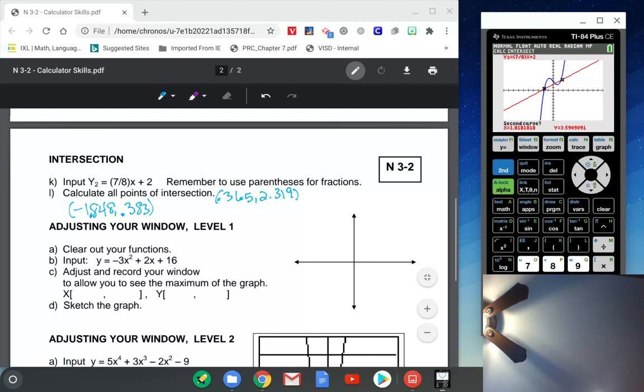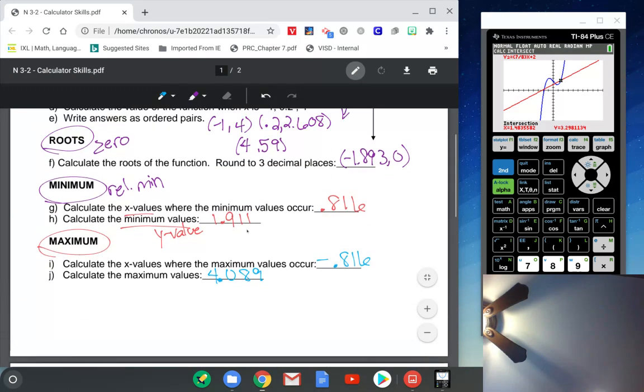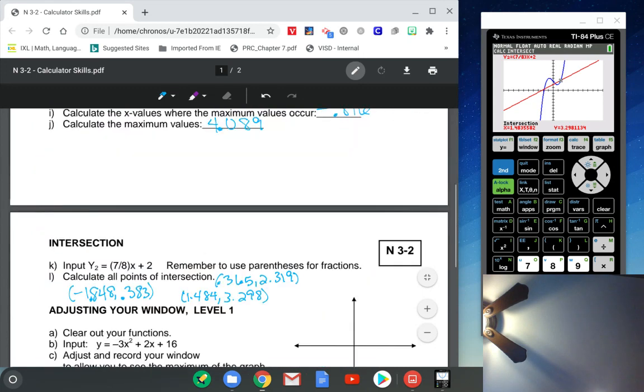So the last intersection point is 1.484, 3.298. All right. So those are the keys within the calculate screen.